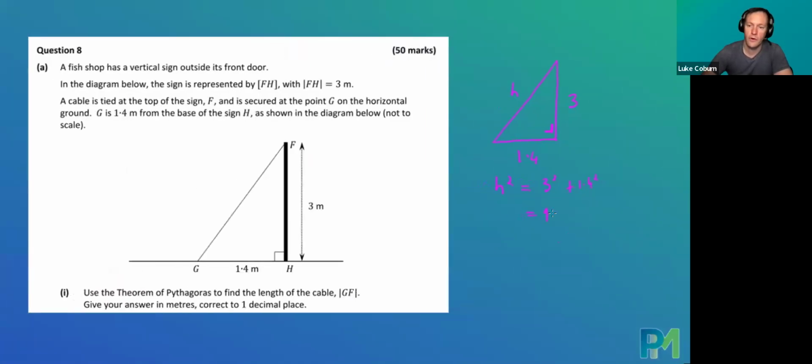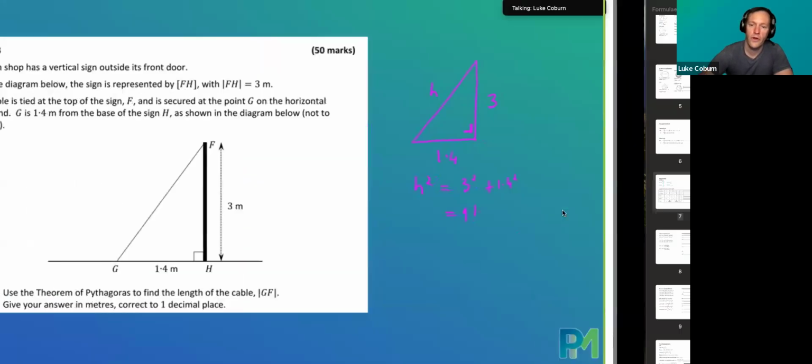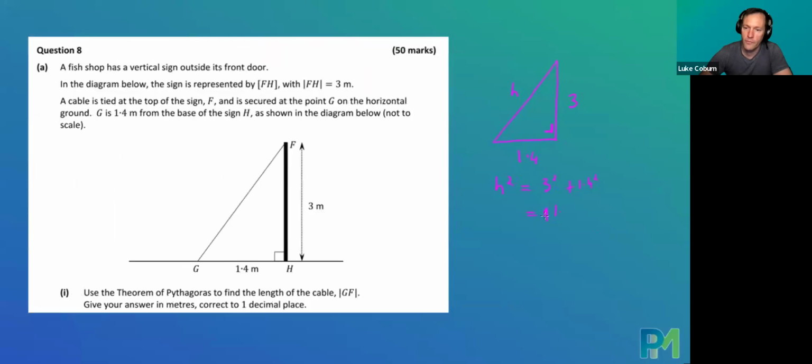Just as a rule of thumb, maybe carry 4 decimal places, and then at the end we'll figure out how many decimal places they wanted. We will not round early. If you round early, you lose marks. It's a silly reason to lose marks.